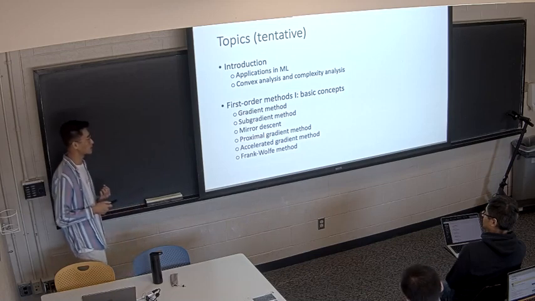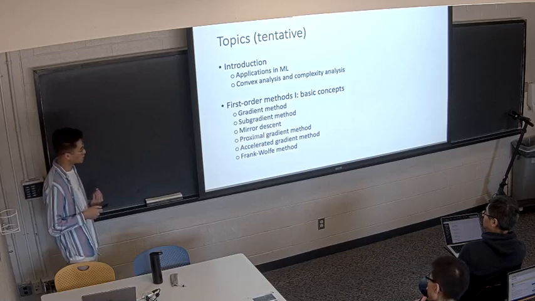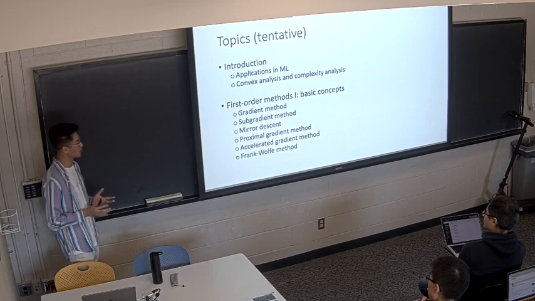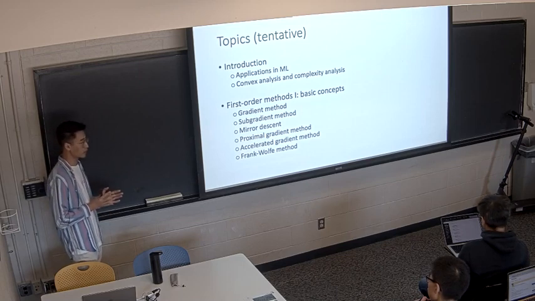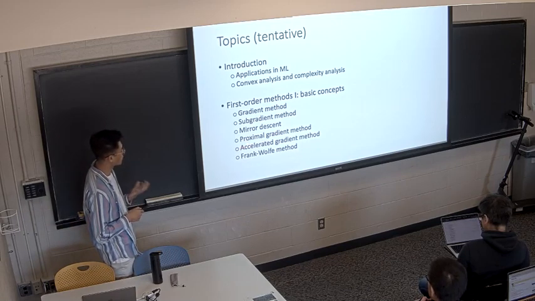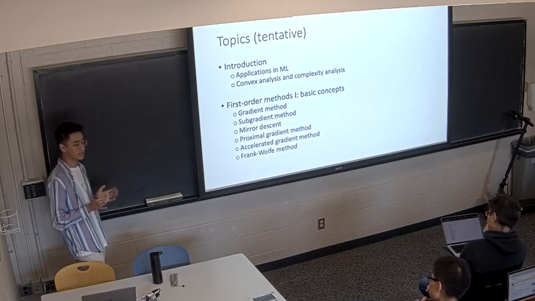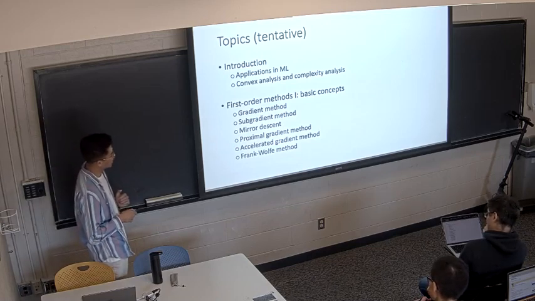And proximal is one of the key ideas in the whole class. You will see proximal shows up many times, either in optimization or in sampling. So this will be the backbone of many modern analyses. We will also talk about the very famous algorithm, Nesterov's acceleration method. I believe some of you must have heard about this.